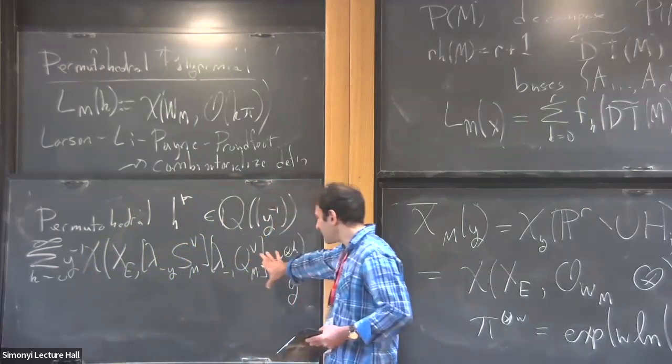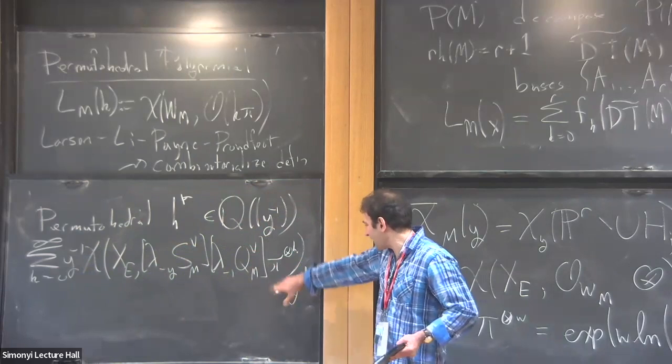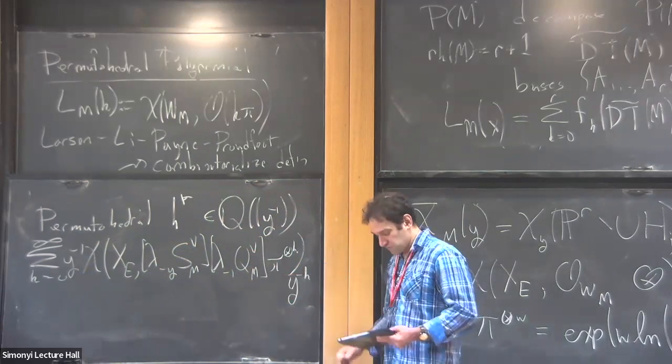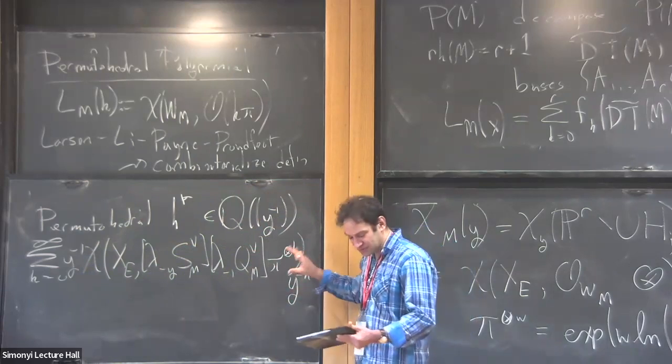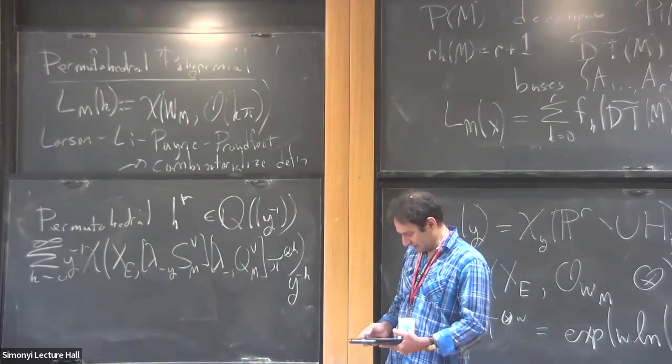And I was able to derive this just by recopying the Danilov-Khovanskii argument. This turns out to be a polynomial.